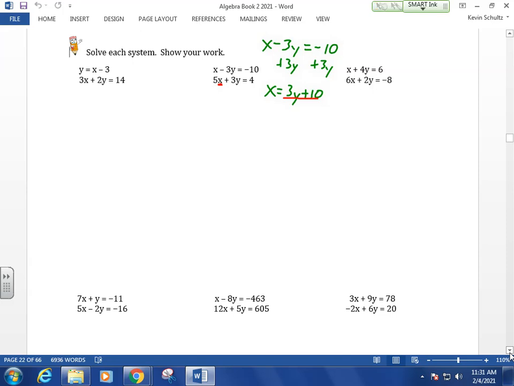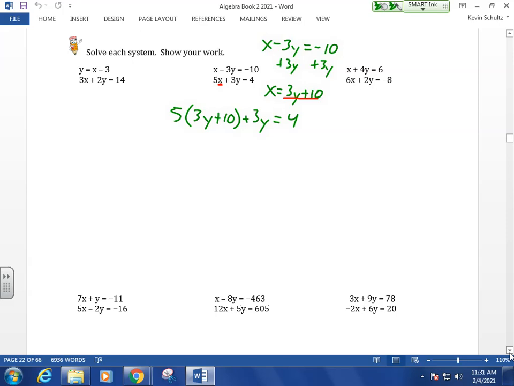Okay? So our second equation becomes 5, instead of x, we're putting 3y plus 10, and then plus 3y equals 4. And we like where we're at, okay, because we have one equation with one variable to solve for now.